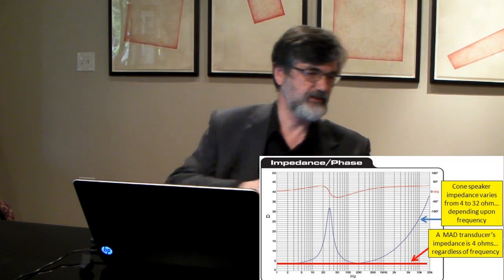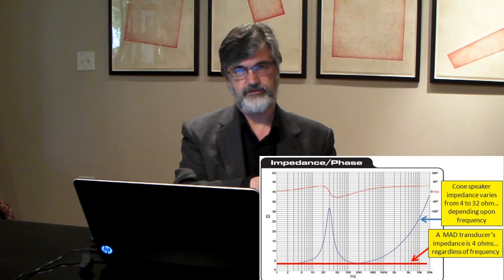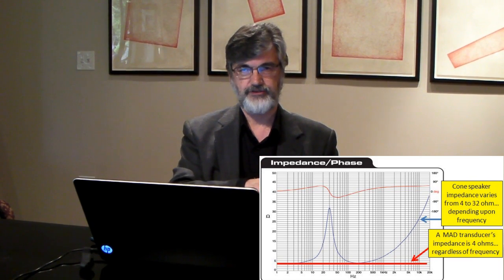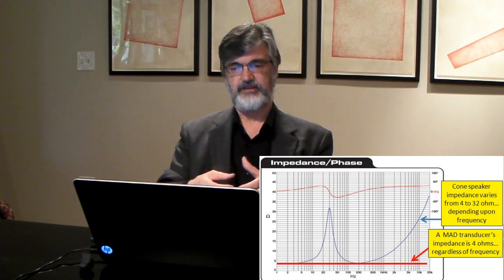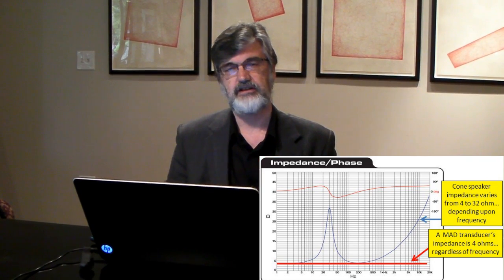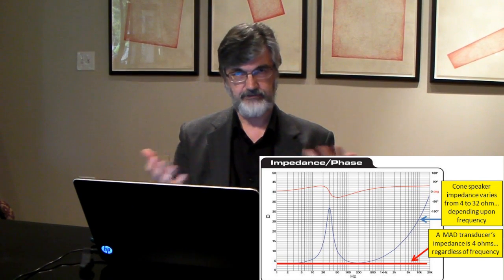Very next slide, we want to show another advantage of the transducer technology, and that is a mad transducer is 4 ohms resistive. In other words, no matter what frequency you're at, to the amplifier it's 4 ohms. That's not true with cone speakers. Cone speakers, the center of it is a coil, a coil wrapped around a magnetic core, and as that moves, it has back EMF.